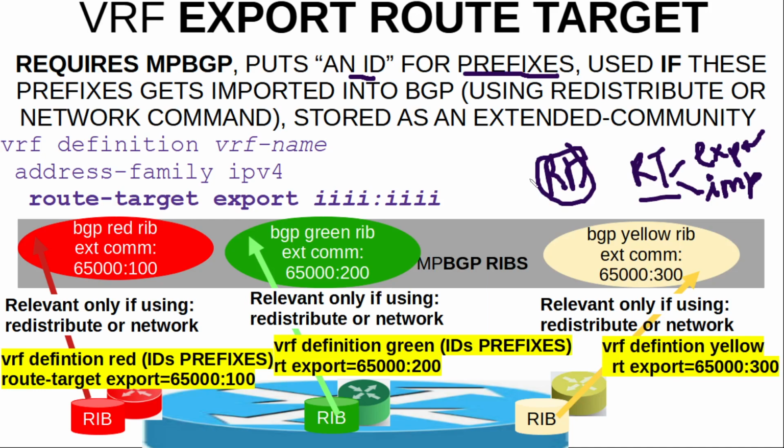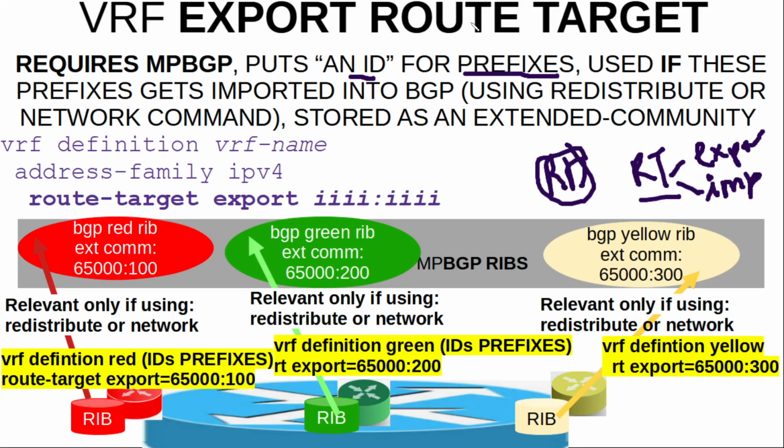So you can use route target export in your configuration. You're free to do so. But if you are not using BGP and your prefixes that belong to a certain VRF are not injected into BGP, your route target export configuration is meaningless.